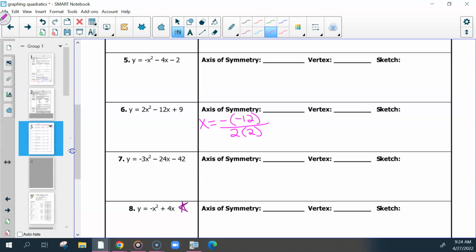So when you know it's going to be negative, you could make it positive already, or leave it and then simplify it as well. So what would this give us? X equals 3. And then we would put 3 into our equation and find our y value. We have 2 times 3 squared minus 12 times 3 plus 9.